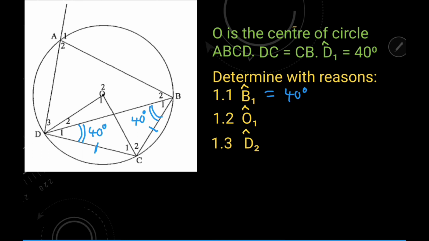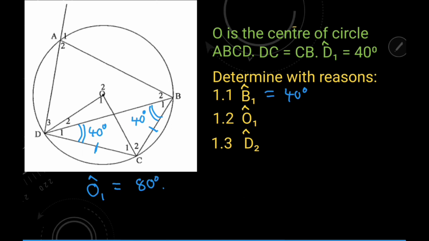Okay, so we can clearly see that if B1 is 40 degrees and is subtended by arc DC, the same arc subtends angle O1. So angle O1 is going to be equal to 80 degrees.